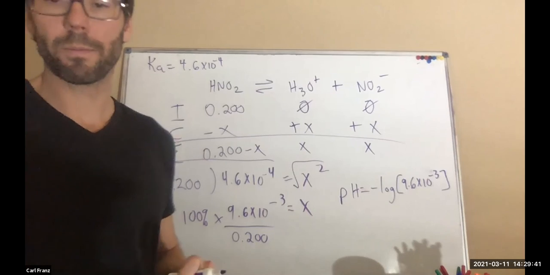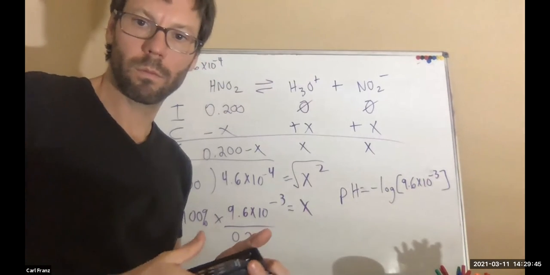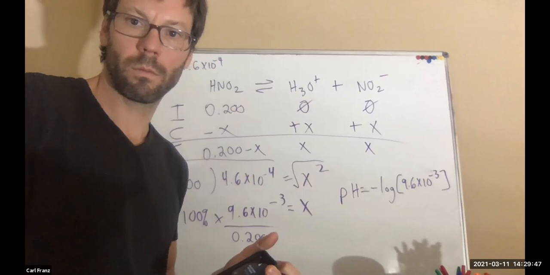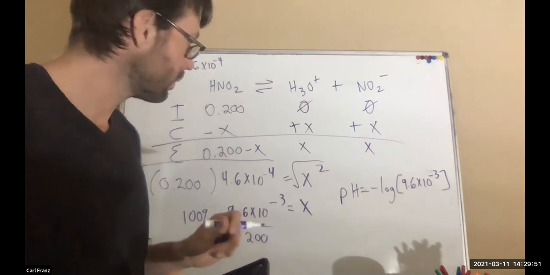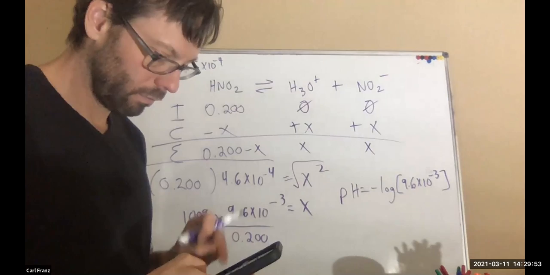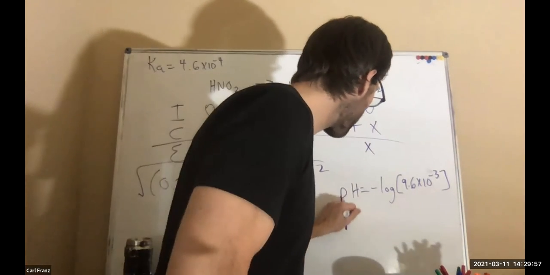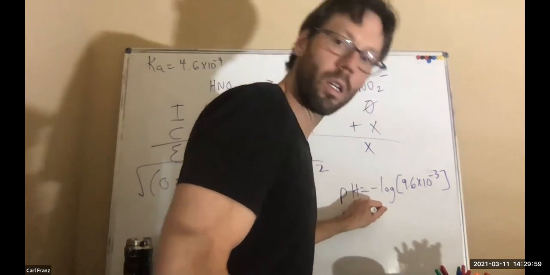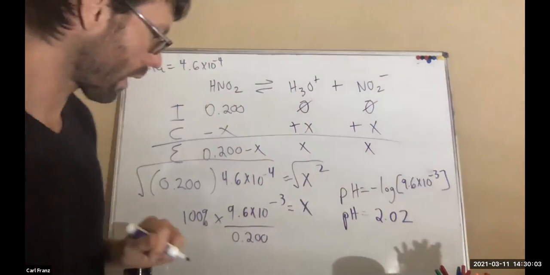So what do we get there? Anybody? 2.2. Okay, pH is 2.02. Okay.